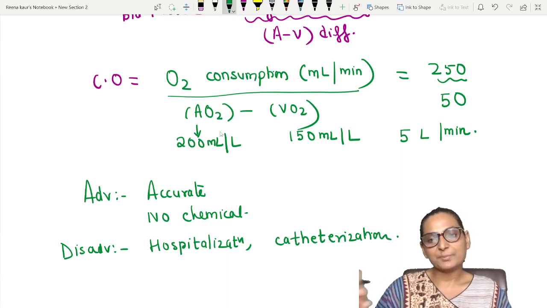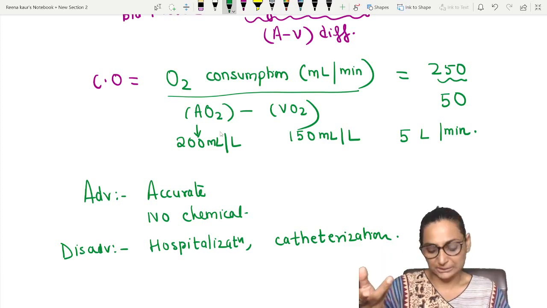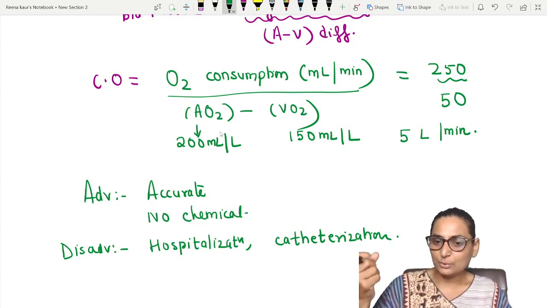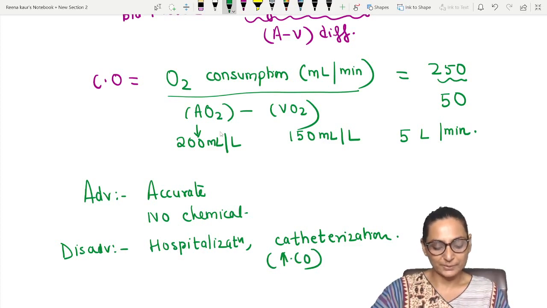And sometimes when you are subjecting a person to an interventional procedure, this will result in anxiety, which itself may cause an increase in the cardiac output, right?